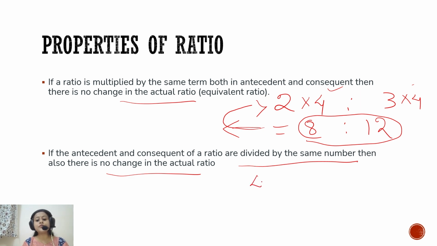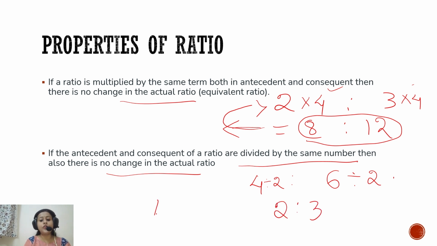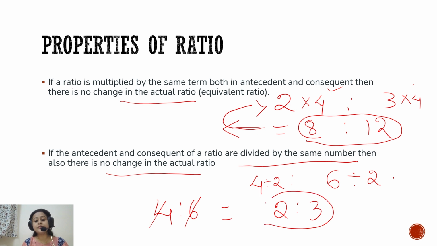Same here, suppose we have a ratio 4 is to 6, and if we divide it by 2, we will have 2:3. So 4:6 is actually equal to 2:3, because if you divide both the antecedent and consequent, first term and second term, by its greatest common divisor, you will get this 2:3 ratio. So these are two more properties of ratio.